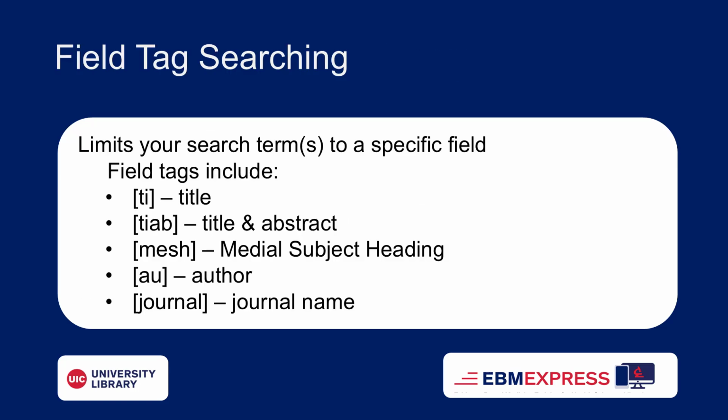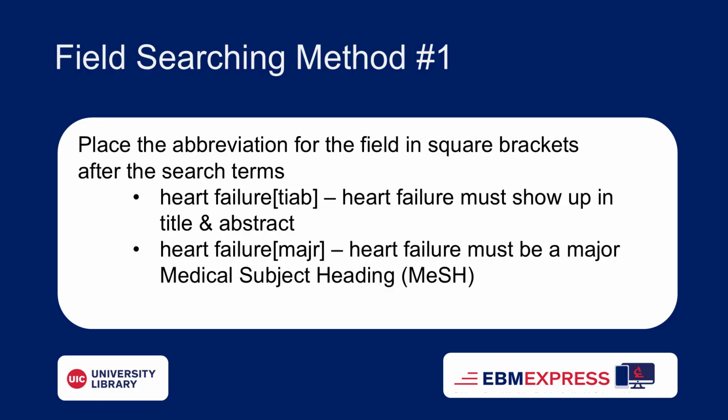The last technique we will explore is field tag searching. This method allows you to limit your search term to a specific field, such as title, title abstract, medical subject heading, author, or journal name. There are two ways to apply this technique. The first is to add the field abbreviation in brackets after your search term.